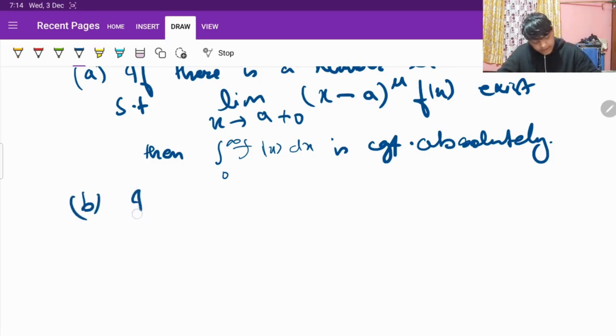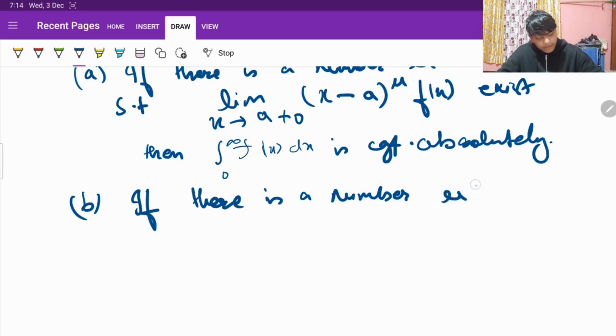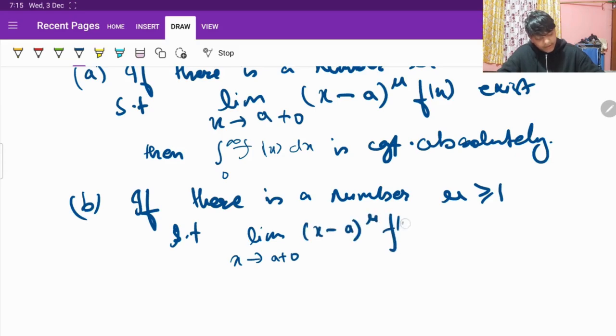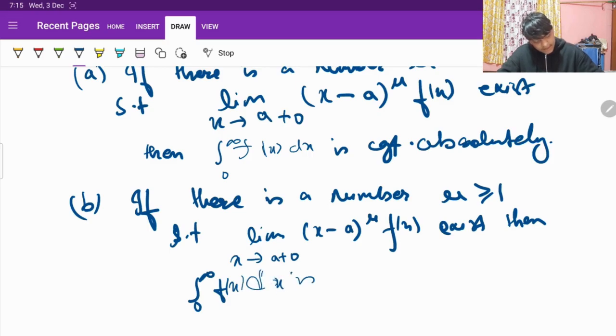Number B: if there is a number mu which is greater than or equal to 1, such that the limit as x tends to a plus 0 of (x minus a) to the power mu f(x) exists, then I can say 0 to infinity f(x) dx is divergent.